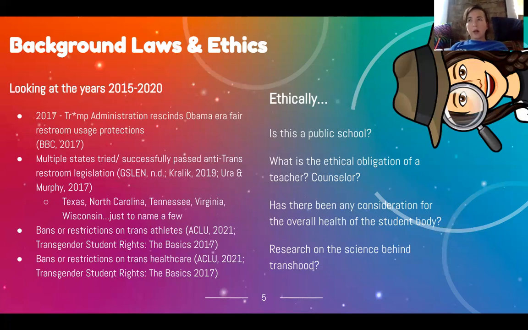So a lot of organizations and nonprofits really push for gender neutral bathrooms to be more inclusive, not only to trans individuals, but also intersex individuals and what have you. And these protections were rescinded by the Trump administration, to where certain states could then say, well, we are saying that your biological sex determines what bathroom you go into. And we'll talk about why that may or may not be dangerous here in a second.